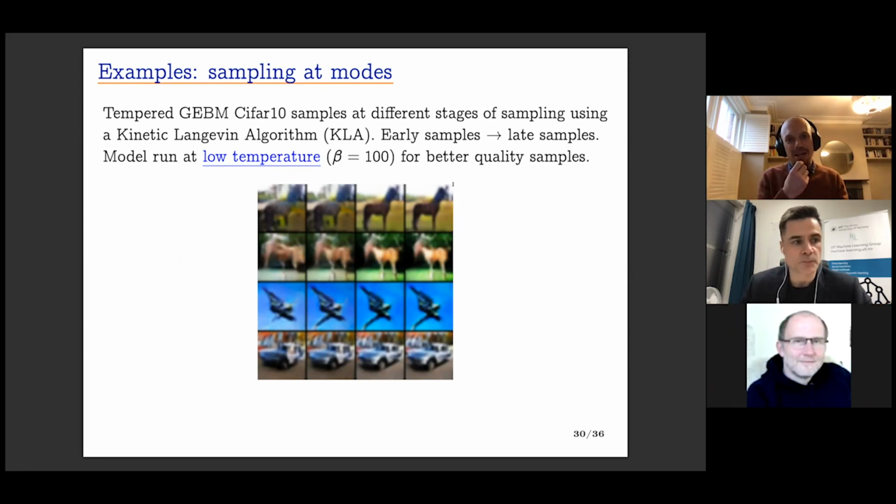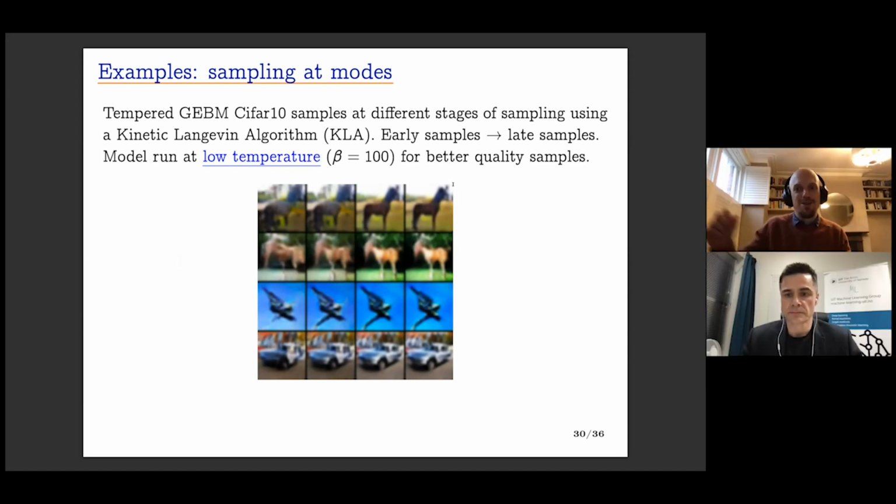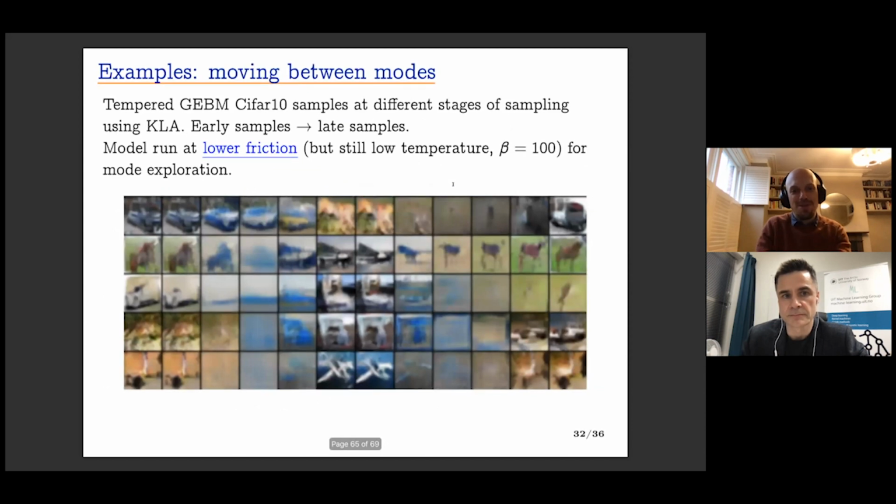Now, if my goal instead was to explore the support of my images, maybe I would want to increase my temperature a bit to ensure that my ball bearing isn't stuck at these modes, but spends time going from mode to mode. Alternatively, as we've shown here, we can achieve a similar result by dropping the friction. That means I go from mode to mode. However, I'm still not really exploring the support so much, because I'm still spending most of my time at the very lowest points of my energy surface.